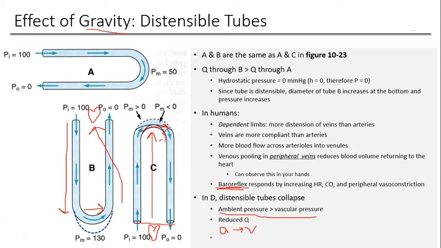The impact on the parts of our body below the heart is increased flow to the lower limbs in the upright posture. Well, the downside of that is, again, we start to increase the pooling of blood on the venous side, and that's going to have an impact on cardiac output because more venous blood is pooling and less is being returned back to the right side of the heart.